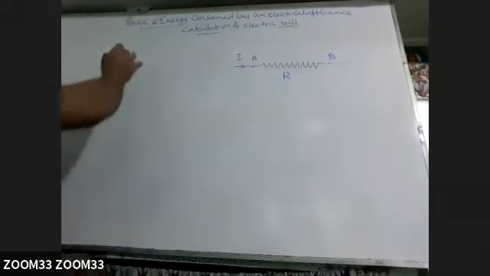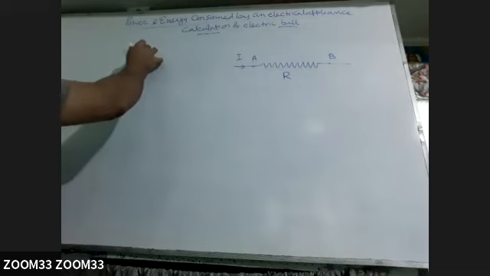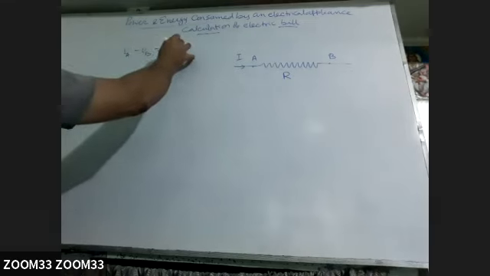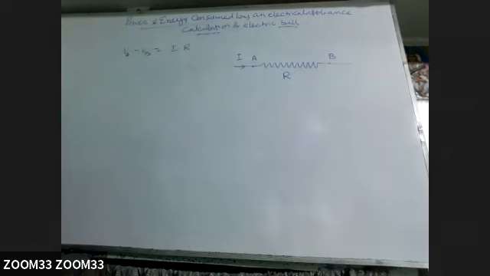So as we know, the potential difference between VA and VB is I into R, according to Ohm's law. If current I is passed through this, potential difference will be that. Now work done by source, here current is passed through the appliance.